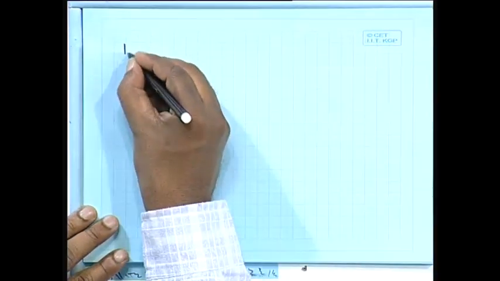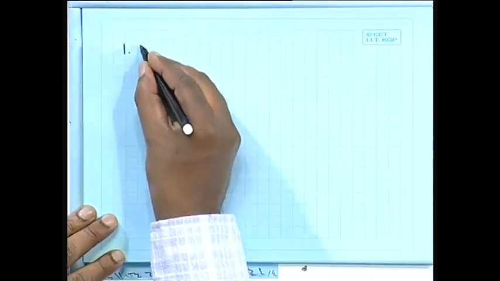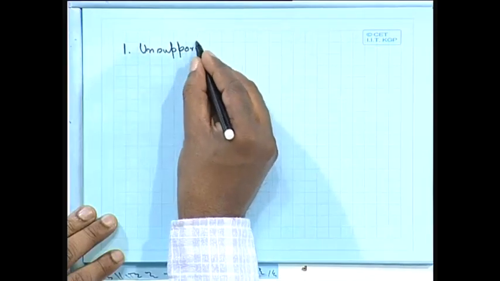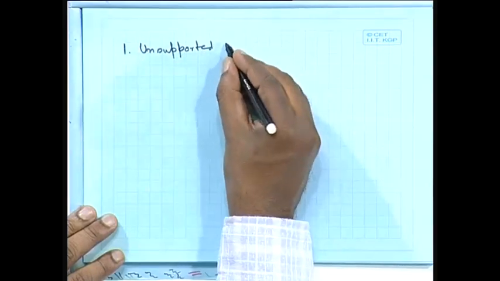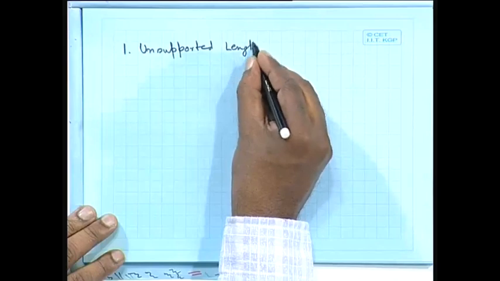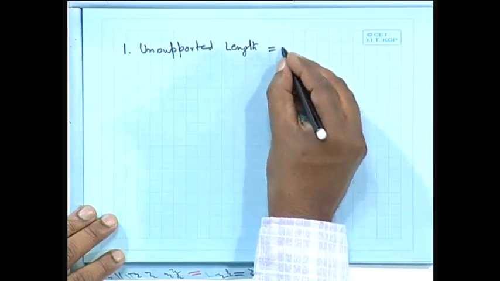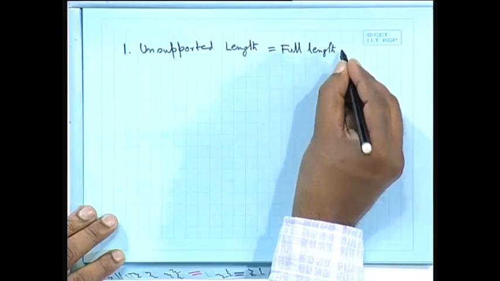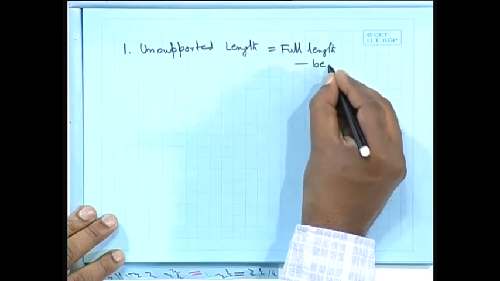First you find out the unsupported length, that is equal to full length minus beam depth.